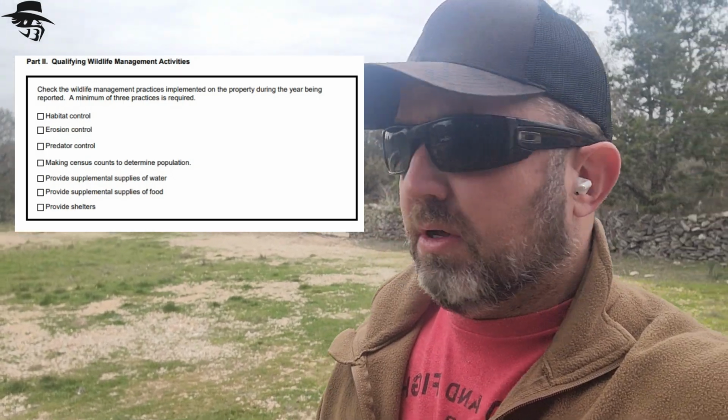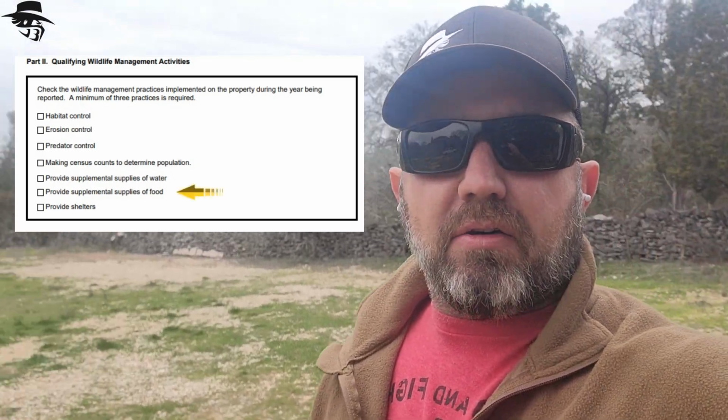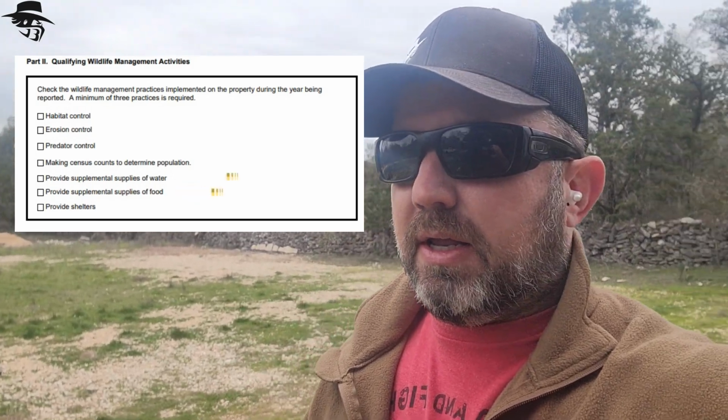Now, the other wildlife management requirements are the following. Number one, in order to apply for wildlife management, you have to be ag exempt first, and you have to turn in the wildlife management plan that is provided by the state of Texas. And you have to have at least 3 out of the 7 requirements to become wildlife. So, for example, some of my properties have feed supplementation, which would be like protein feed, hay.